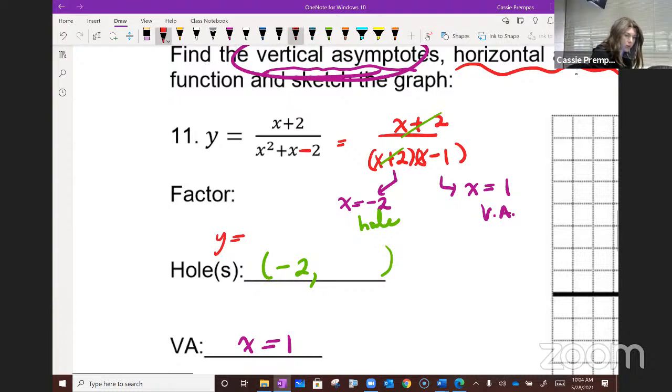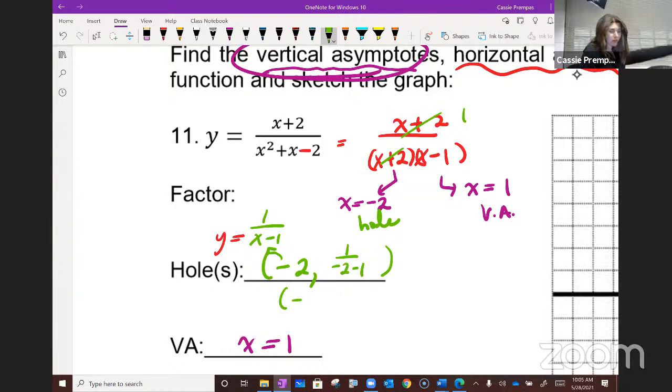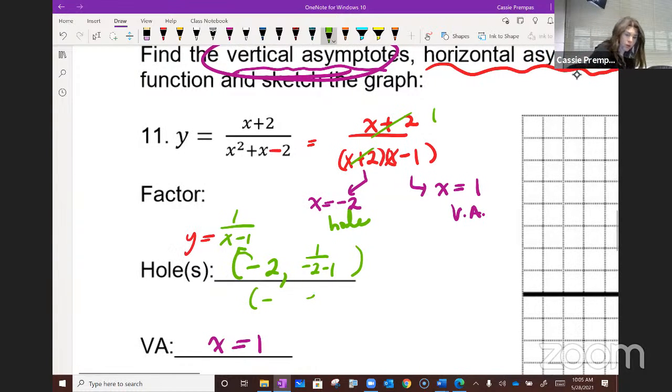What would be left in the numerator? 1. Good. So I'm going to plug in exactly as Liana said, x into 1 over whatever's left, 1 over x minus 1. So I'm going to put -2 in for x, and that'll be 1 over -2 minus 1, which if I simplify that, that would be -1/3.